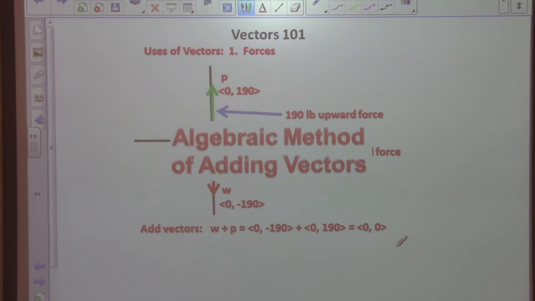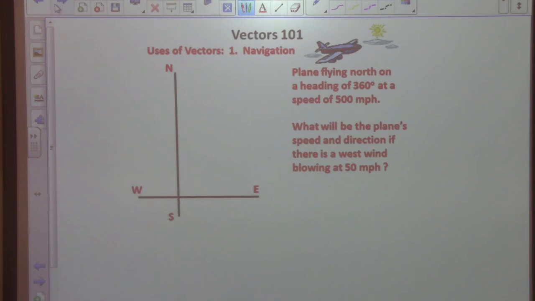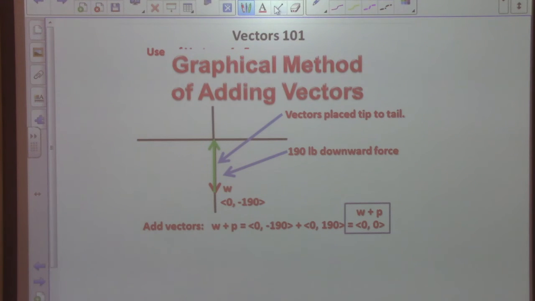So this is called an algebraic method of adding vectors. Now, there's also a graphical method of adding vectors, and let me show you this. If we have this vector up here, we can move that vector wherever we want.